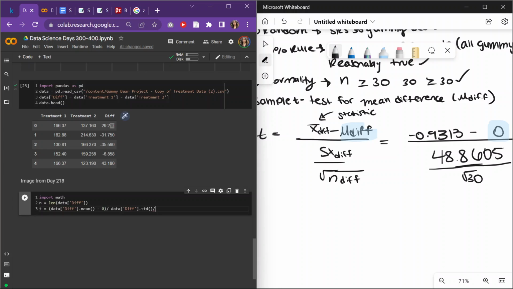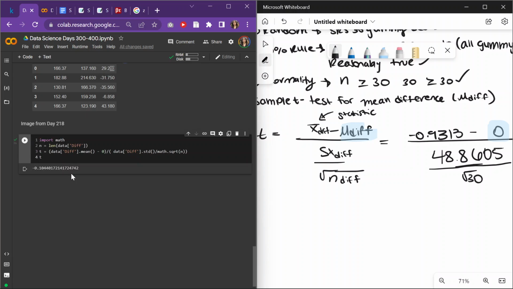And so what I'll do is divide by math.sqrt(n), and I think that's it. I'll put all of this in its own parenthesis also, so that they each get calculated individually. And then I'll just do t so that it prints t, run that, and then I get my tstat.